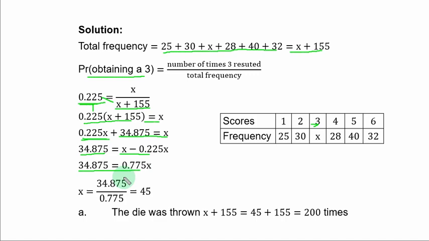To get S, divide both sides by 0.775 and S is equal to 45. So A, the die was thrown S plus 155 and S is 45 plus 155 and that is 200 times.